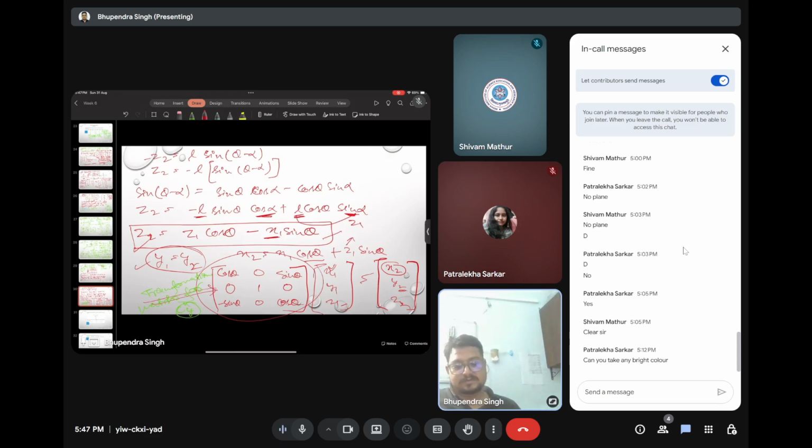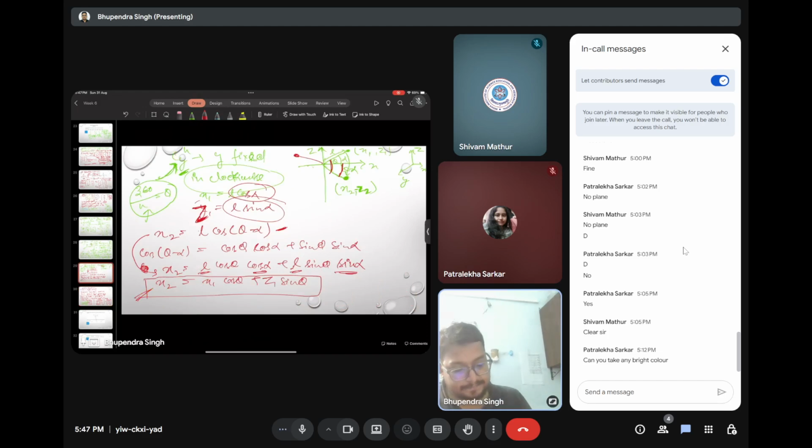So the transformation matrix is specific to the rotation, in which direction you are rotating your molecule.